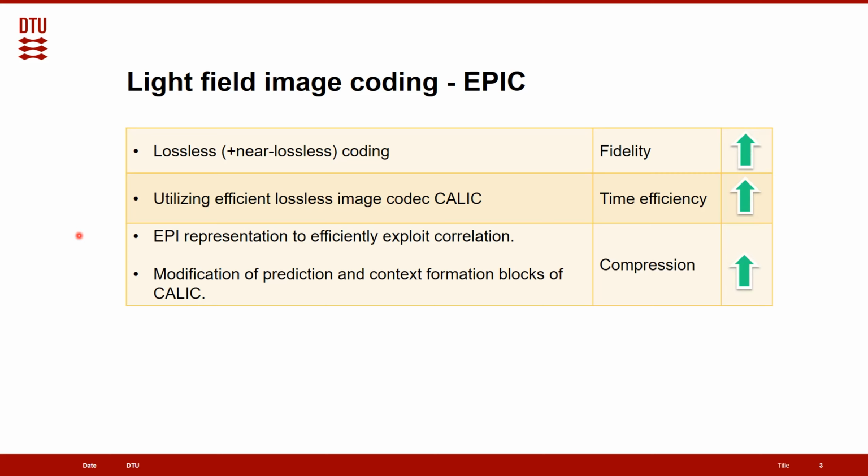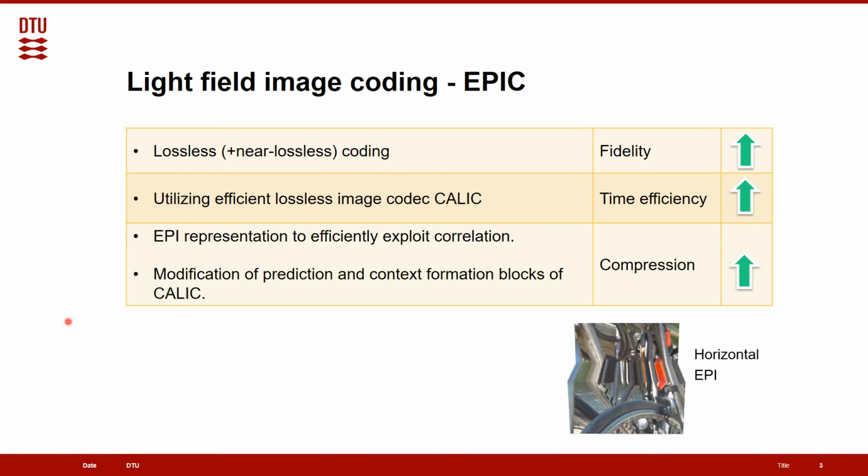We wanted something fast, so we started from the Calic codec, which is fairly fast. The new element here is to use these EPI structures, the clear structures we see here at the bottom, and try to utilize them for better compression, by modification of different blocks of Calic.